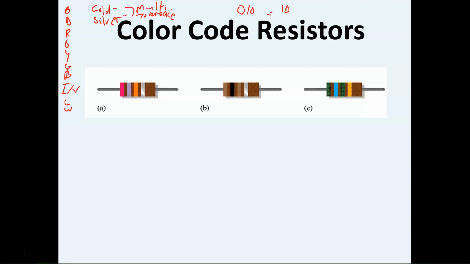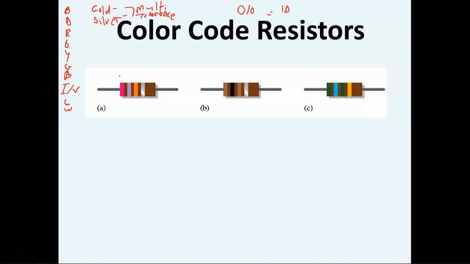If you're seeing it start with black, gold, or silver, then you're reading it the wrong way. You're trying to read it this way when you should be reading it that way. Generally, the way you can tell is that there is a gap at the end, but sometimes you just have to really pay attention and look at what you're doing. That's about all I can really say on this, guys. So really pay attention to what you're doing when you're working with these.